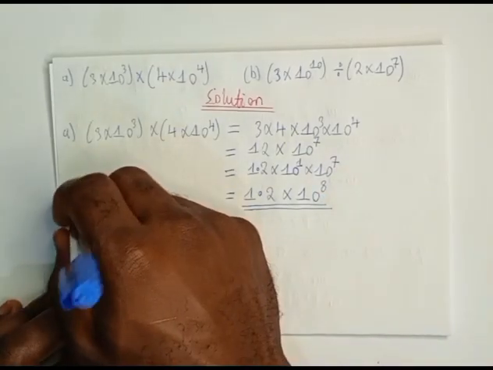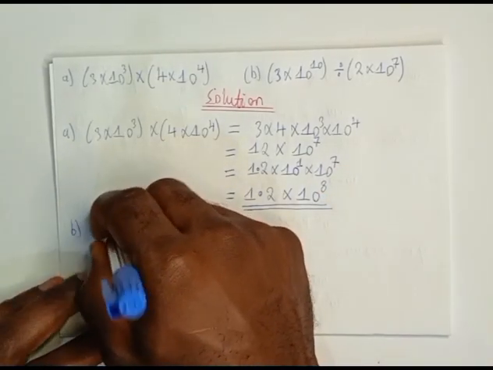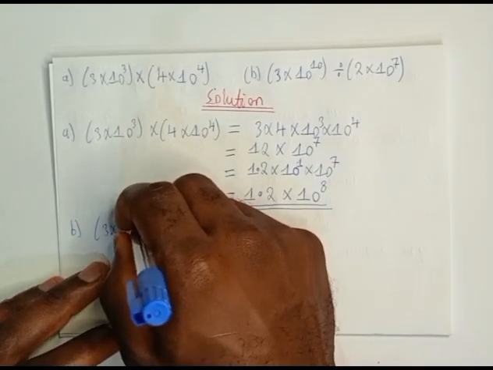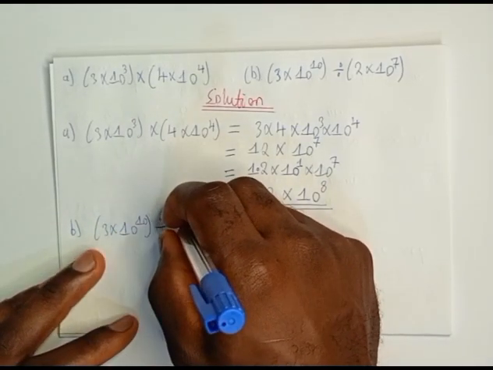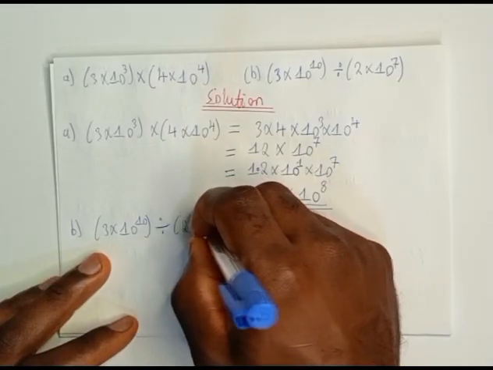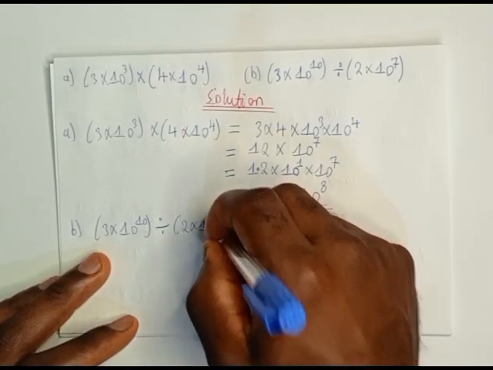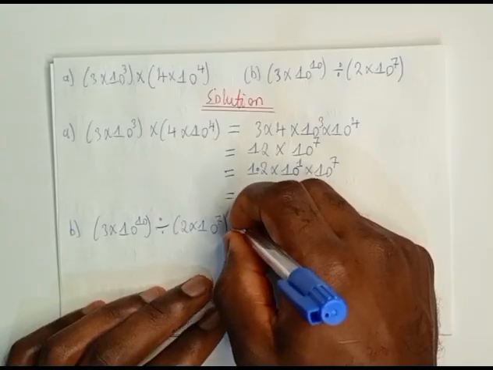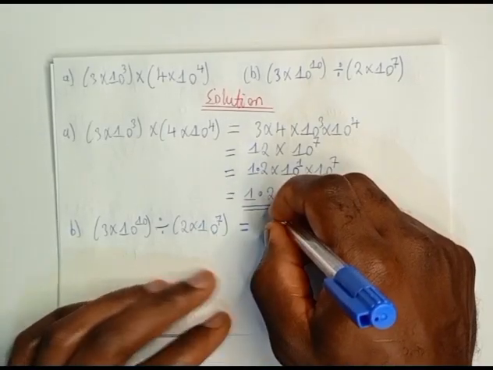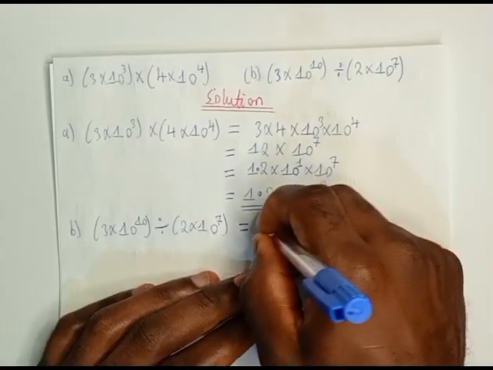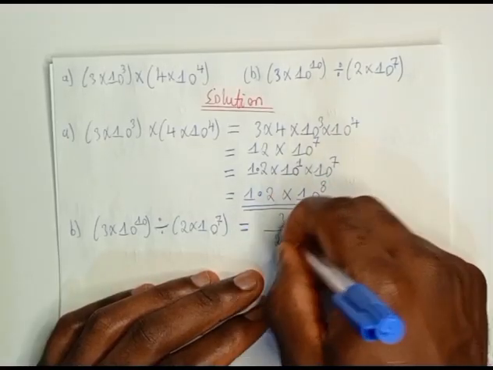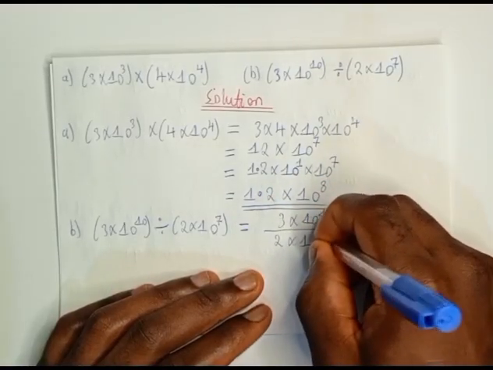We go to question B. For B, we have 3 times 10 to the power 10 divided by 2 times 10 to the power 7. You can express this as 3 times 10 to the power 10 all over 2 times 10 to the power 7.